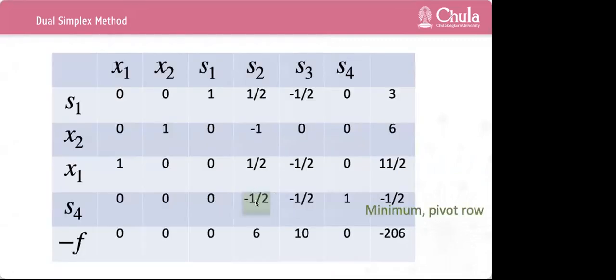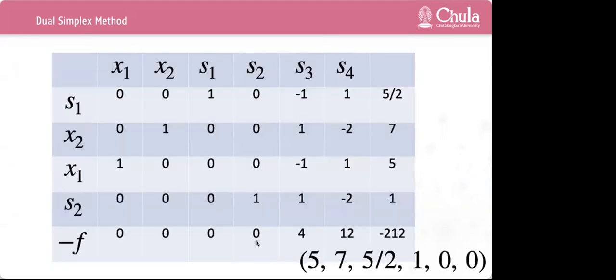That means we introduce S2 as our basic variable, and we remove S4 from the set of active variable. So we transform this column in order to make this element become 0, 0, 0. This element must be 1, this element must be 0.